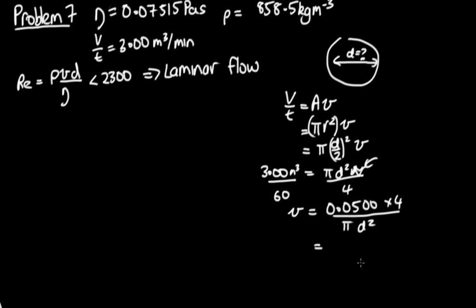So this gives us a velocity of 0.06366 over d squared. So we've now got the density and the viscosity and the velocity.